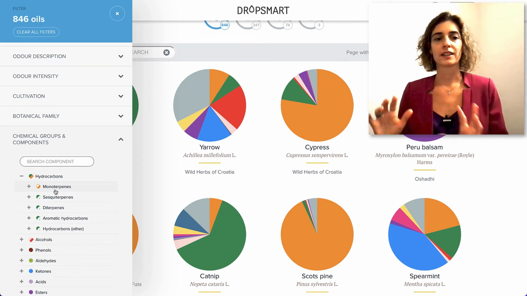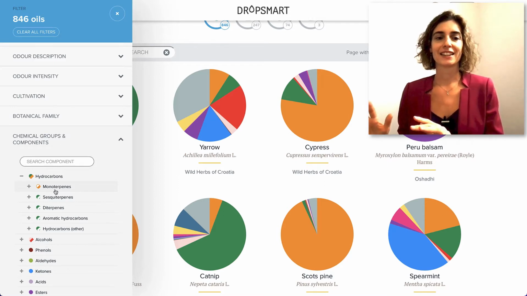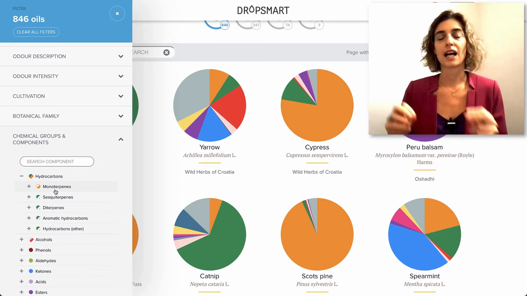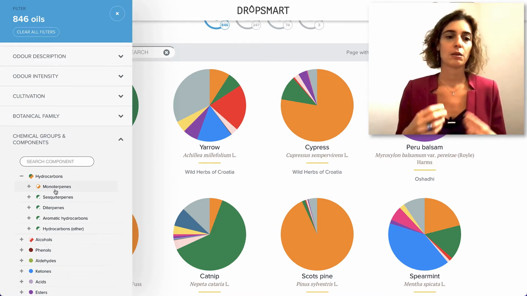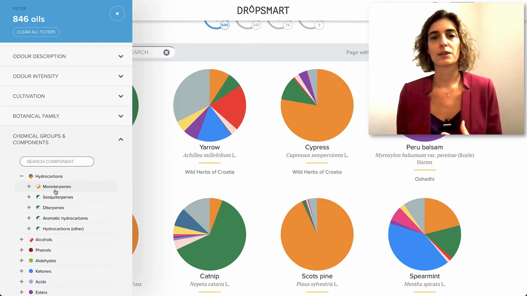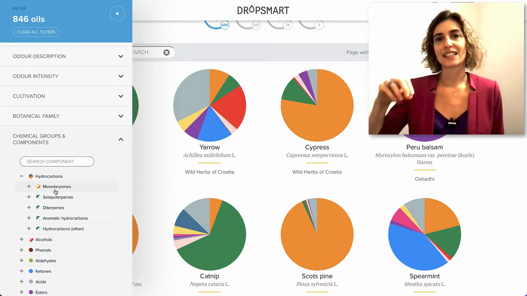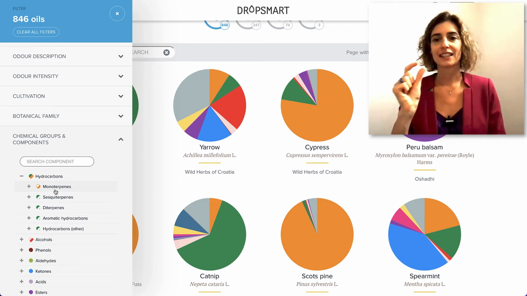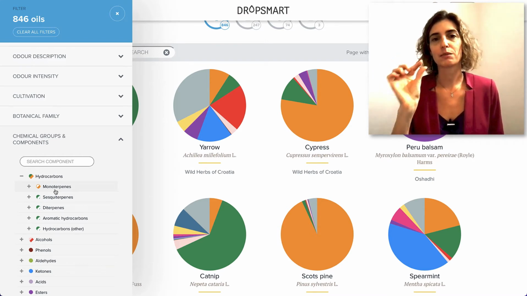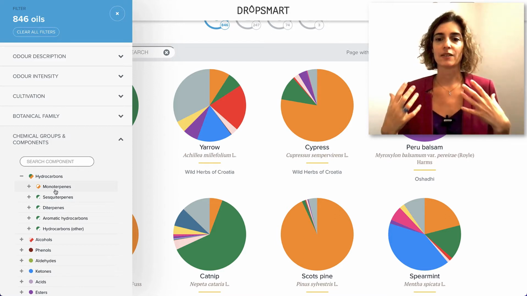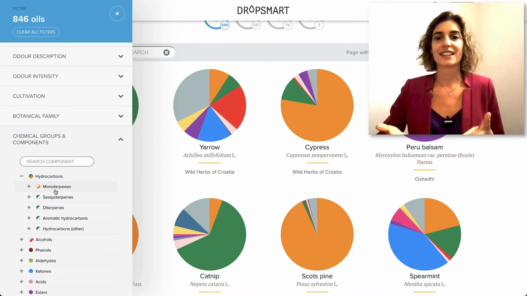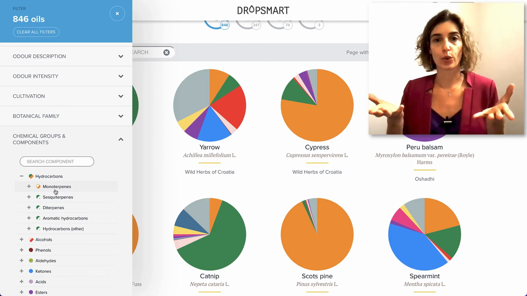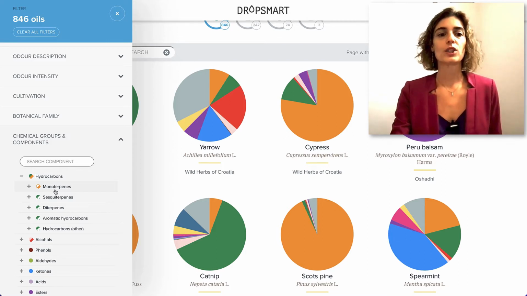So monoterpene hydrocarbon has 10 carbons in it, monoterpene alcohol has 10 carbons in it, monoterpene aldehyde has 10 carbons in it, and that tells us that it's a light molecule. So anything with monoterpenes, it has 10 carbons, which means it's a small molecule, and then it is usually a higher note.